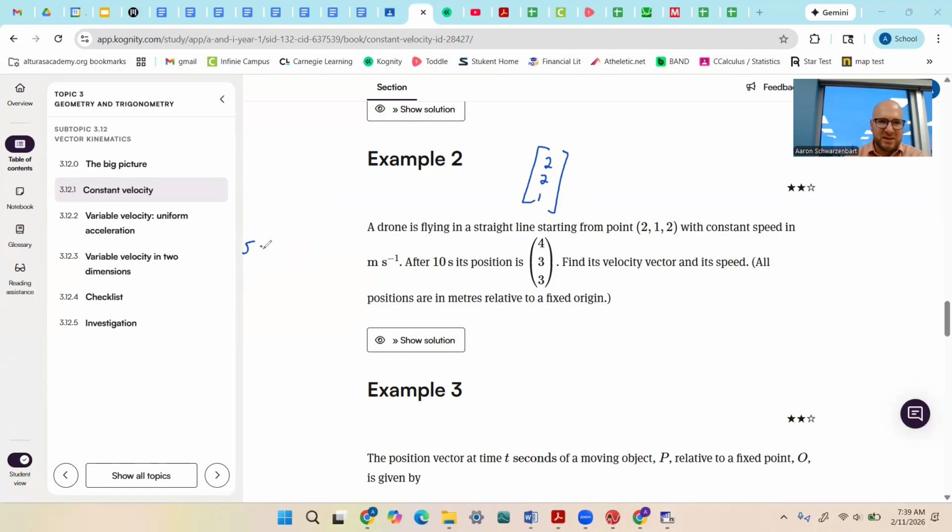So S again equals U. No, not U. I guess it's constant velocity, VT. So initial velocity is the velocity at all points, or the old distance equals rate times time. Rate is a velocity, distance or S really stands for displacement. So D would be the absolute value of S, the change in position.